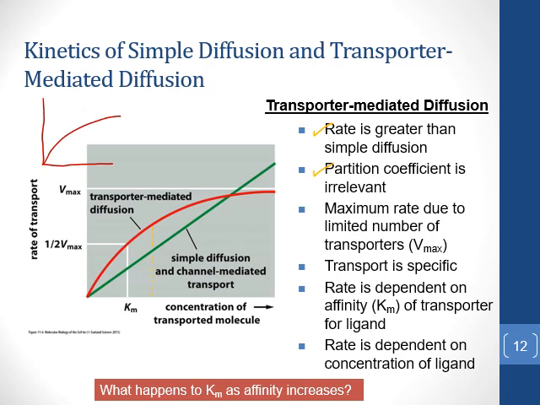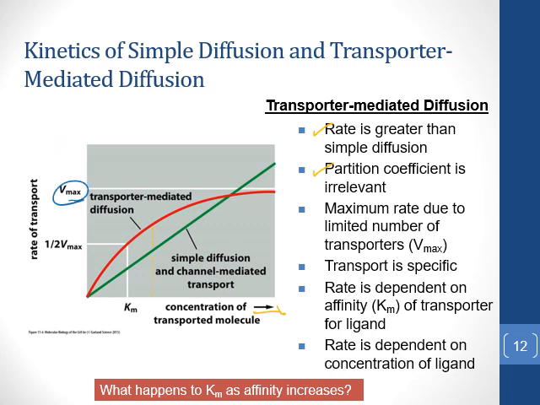So if you've got 1,000 transporters on the surface of the cell and they're all moving something across the membrane as fast as they can, then you can increase the concentration all you want to, but you're not going to increase the rate of transport. So there's a maximum rate. That maximum rate is referred to as the Vmax.